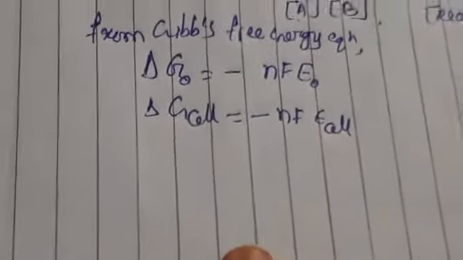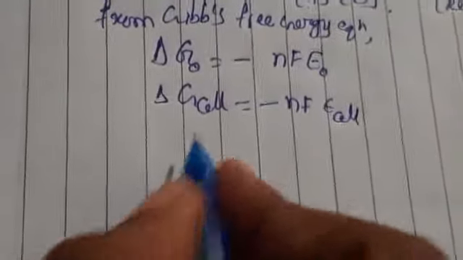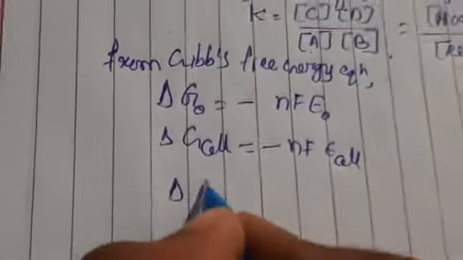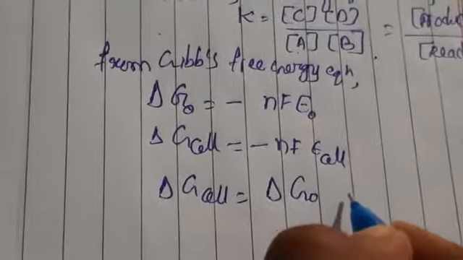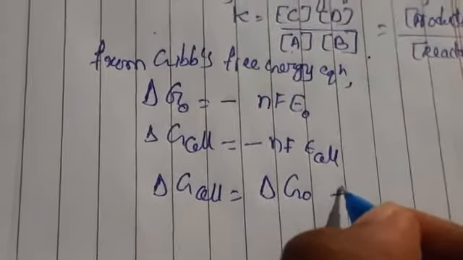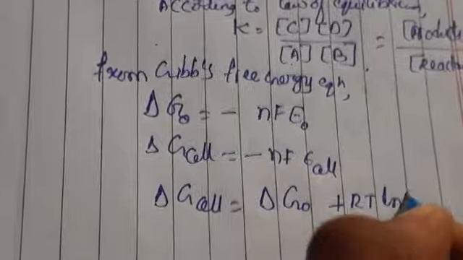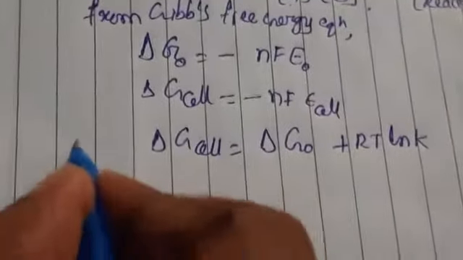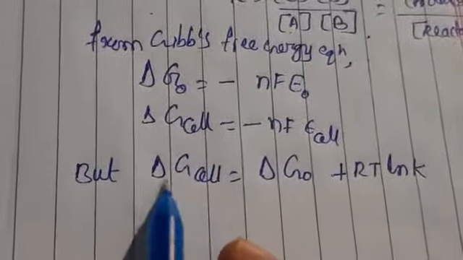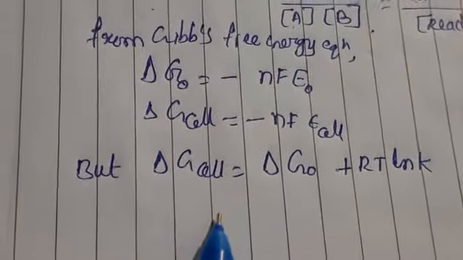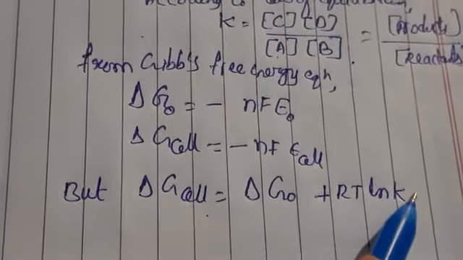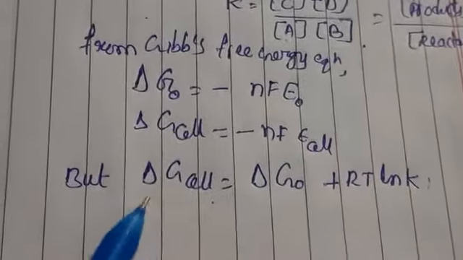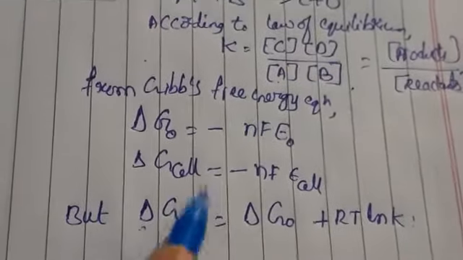Now what happens? Delta G cell is equal to delta G naught plus RT ln K. What do you mean by delta G cell here?